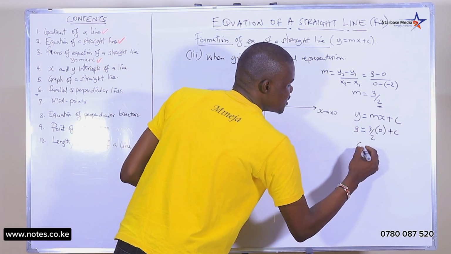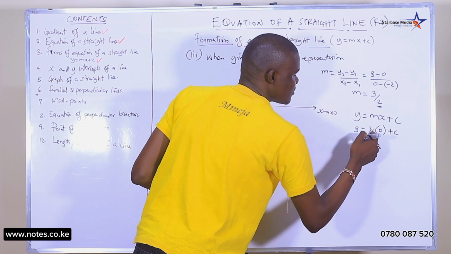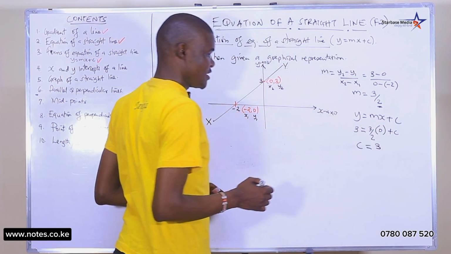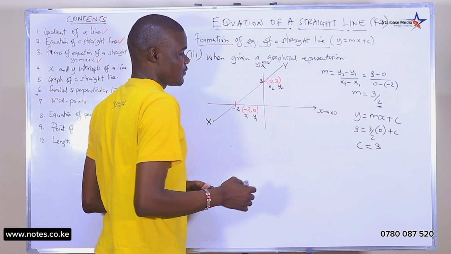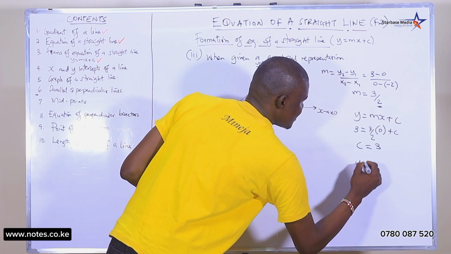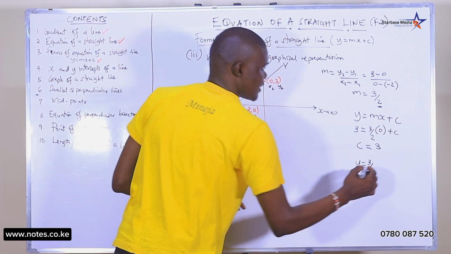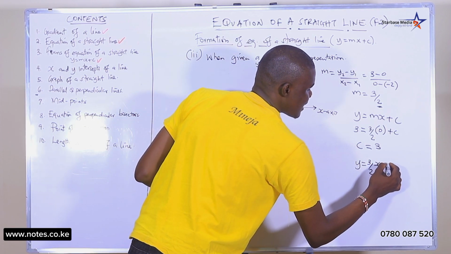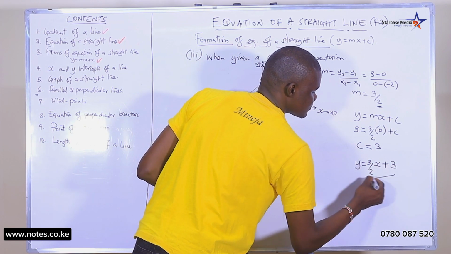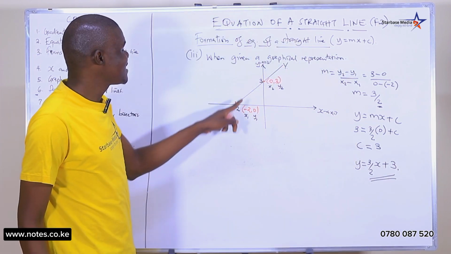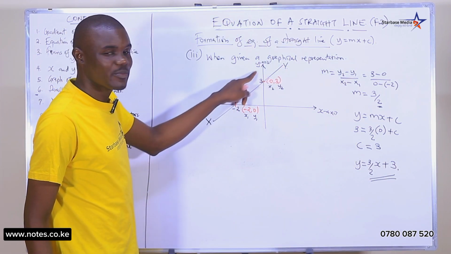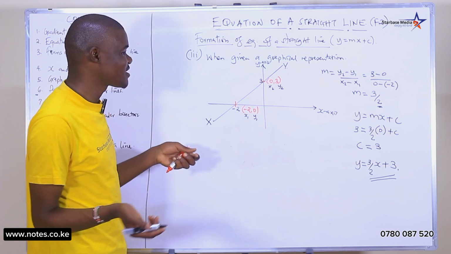So c, you see, is automatically 3 because if you multiply something by 0, it is 0. So our equation is y equals mx plus c, which is y equals 3 over 2 x plus 3. And I said, when you are given the graphical representation, you can also use the double intercept formula.